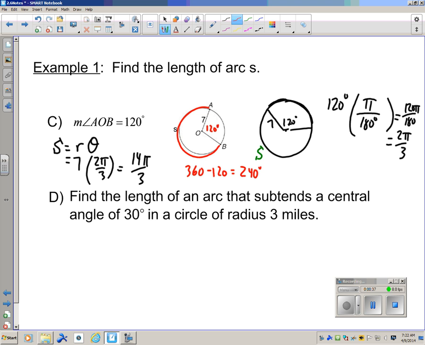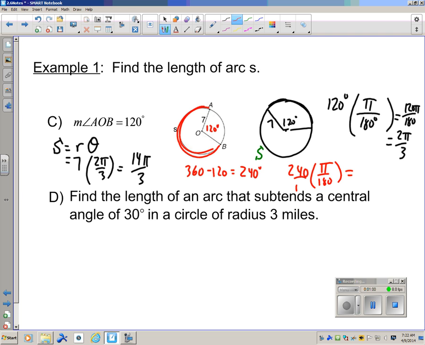So let's go ahead and do it this other way. We can find that arc length on the outside. Our value ends up being 240 times pi over 180, and again, you can look on your unit circle for these.